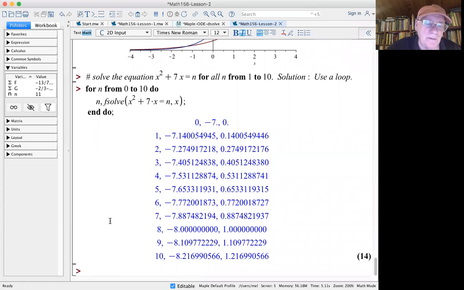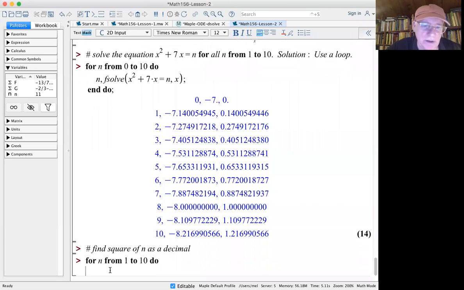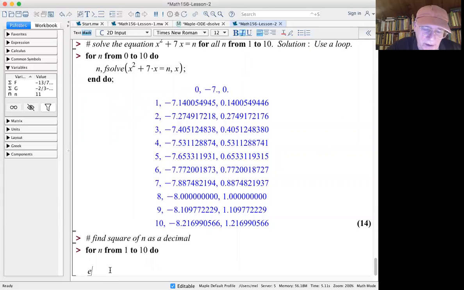Let's do another example. Find the square root of n as a decimal. So I could say for n from, let's say, 1 to 10, do, Shift Enter again, and do.